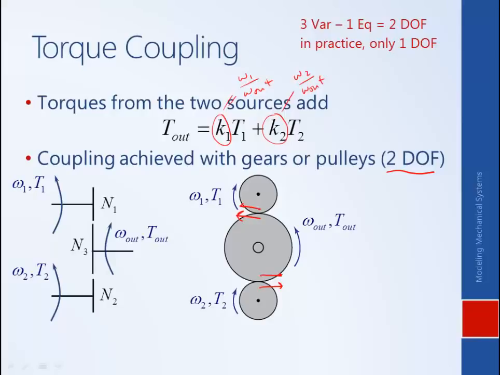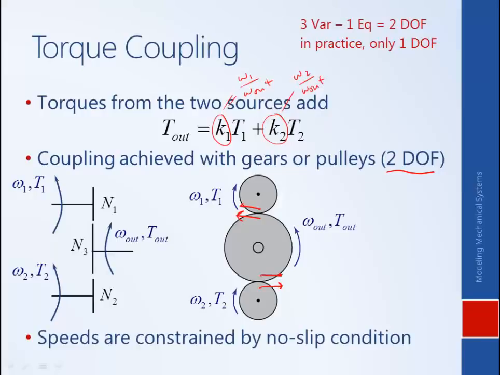That's also what we have here. So the speeds are constrained by the no slip condition, and omega 1 over omega out is the inverse of the number of teeth of those two shafts, the gears attached to those two shafts. And similarly, K2 is equal to N3 over N2.